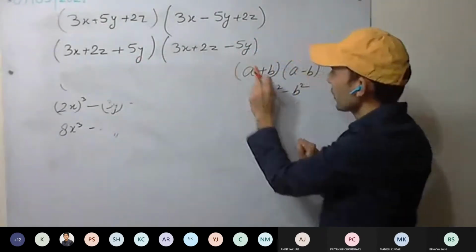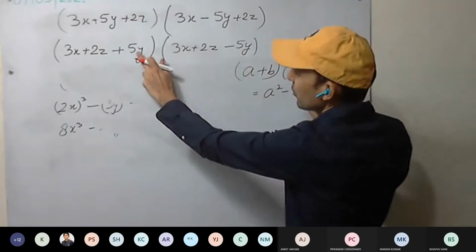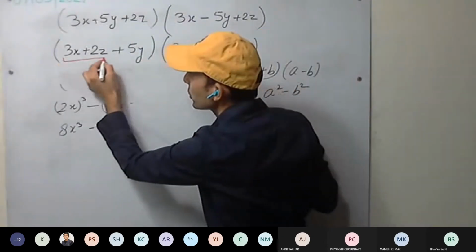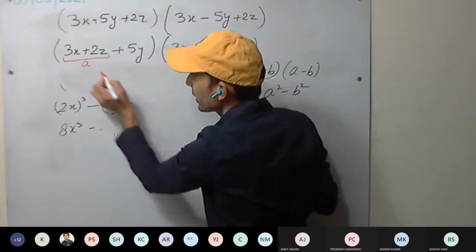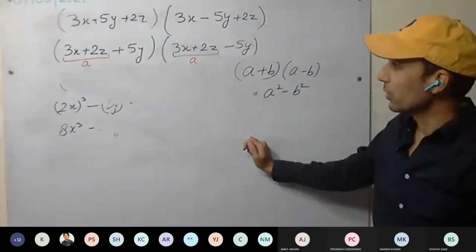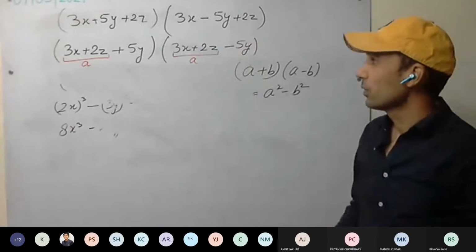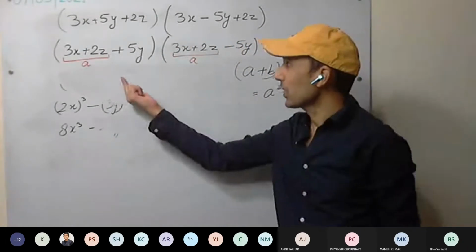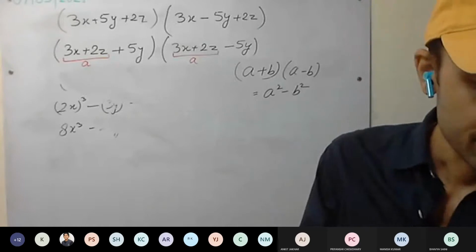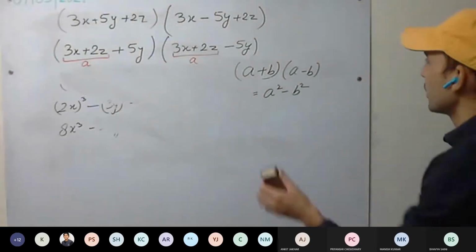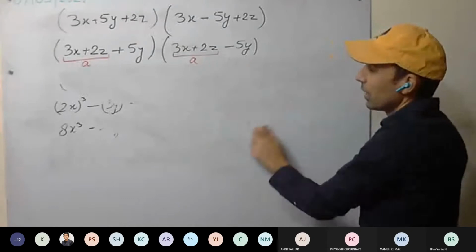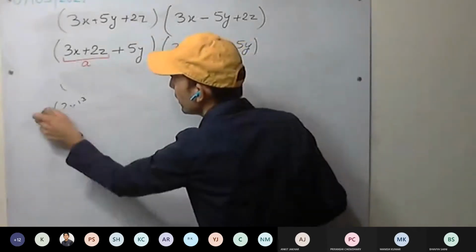Plus 5y, minus 5y, so b will be 5y. This I can take as a. Understood now? Now solve. So it will be a plus 5y, a minus 5y. Everyone solve it now. It's very easy now. Understood now?